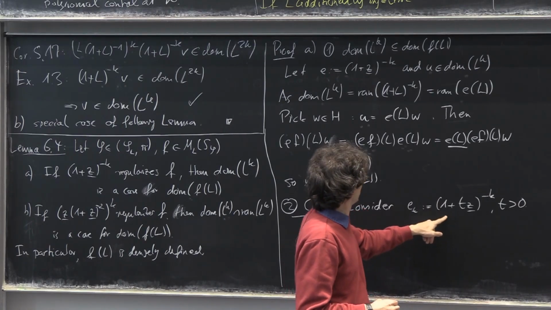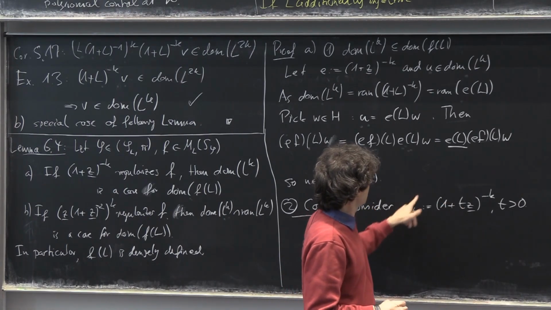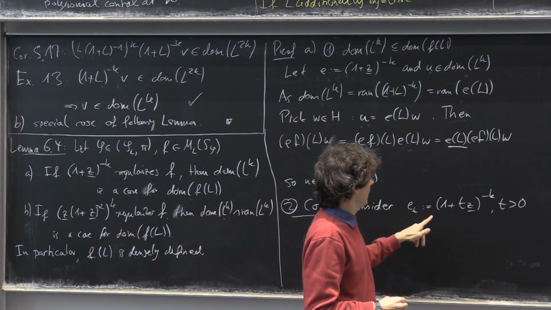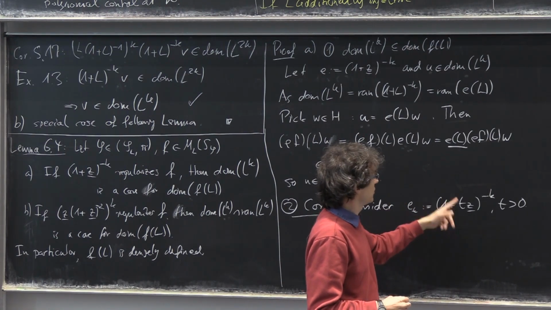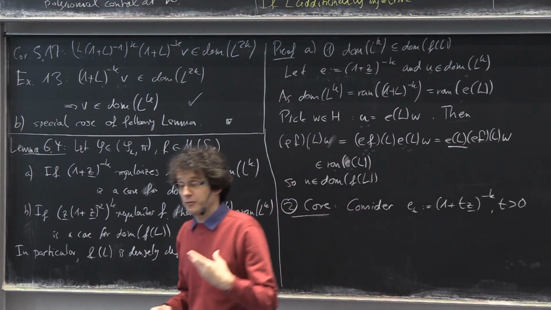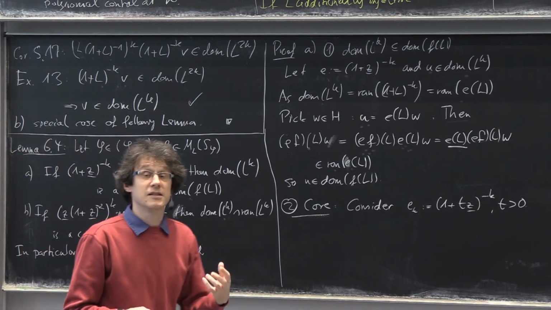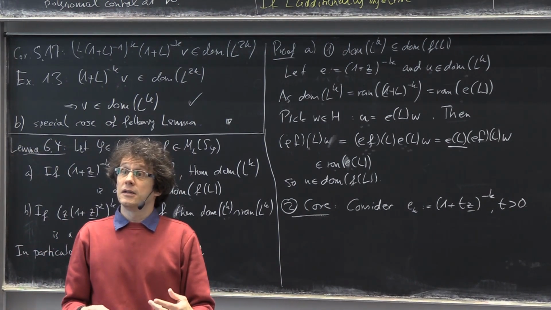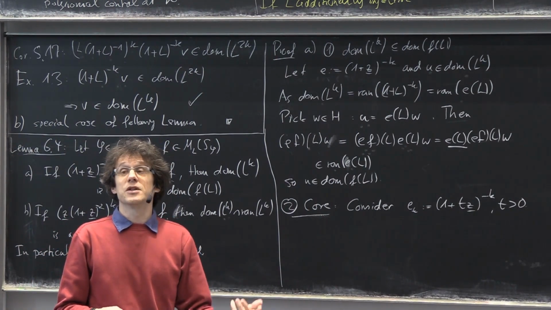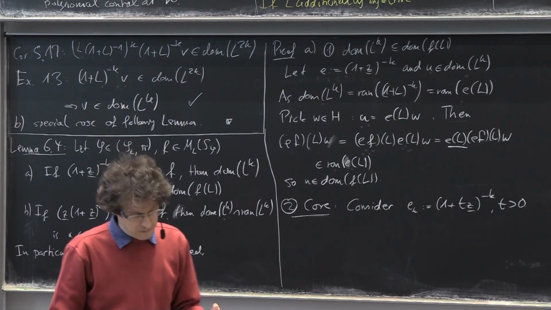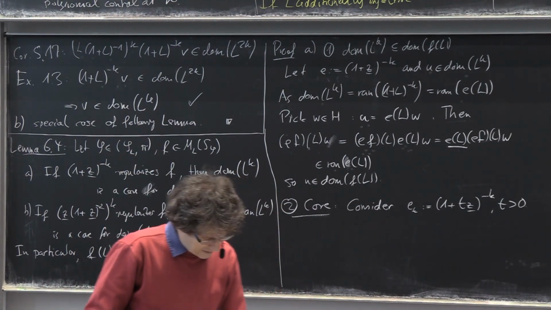And so the idea is to regularize your u with this operator, leaving you in the domain of L to the k, and then let t go to 0. This will converge to u. So you found something in the domain of L to the k that converges to u. And the only thing that we have to make sure is that this convergence is good enough. Namely, it's not just convergence in H, but it's convergence in the domain of f of L, so with respect to the graph norm. But that's the idea.